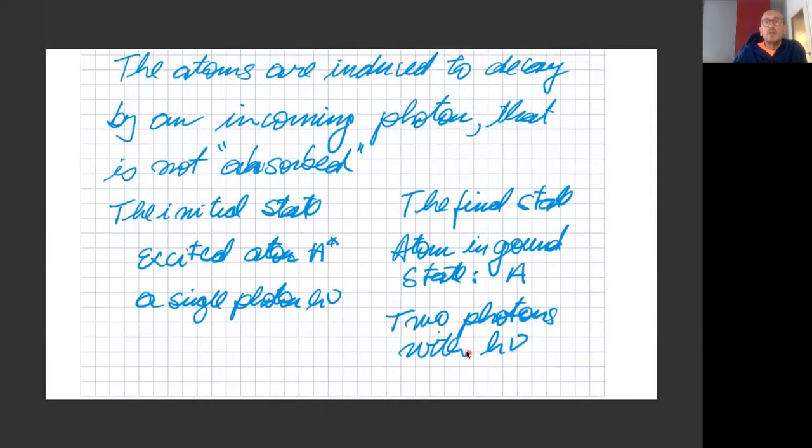So the atoms are induced to decay by an incoming photon that is not absorbed. So the initial state was an excited state, A with an asterisk, and a single photon, and the final state is an atom in the ground state, A, no asterisk, and two photons with h nu.